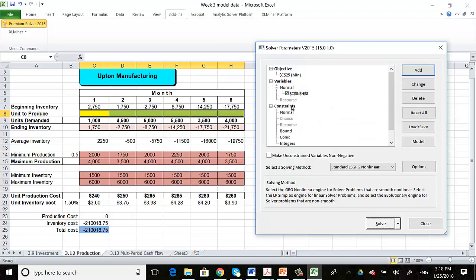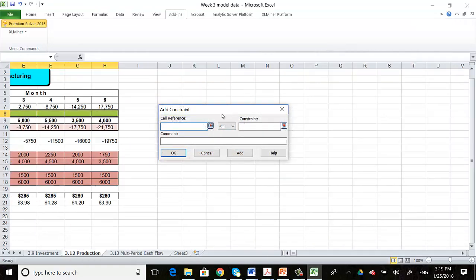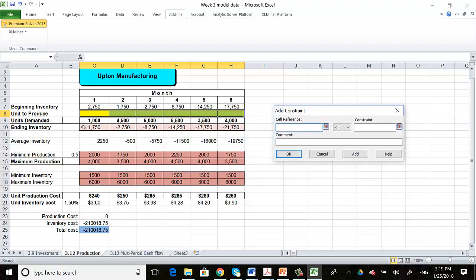Okay, now the constraints. We have only four groups we need to define, because we have four rows shaded dark red. The decision variables need to be greater than or equal to the minimum production.